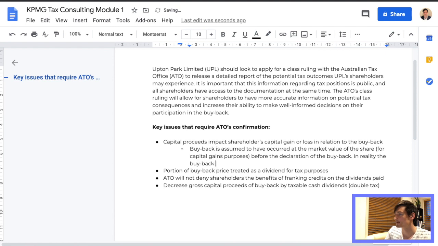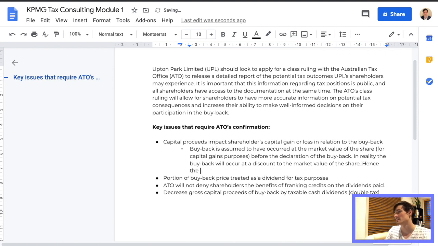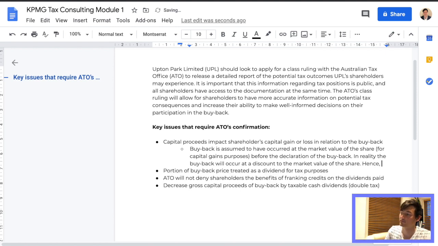In reality, it's typically at a discount to the market, because the company is buying back the shares.